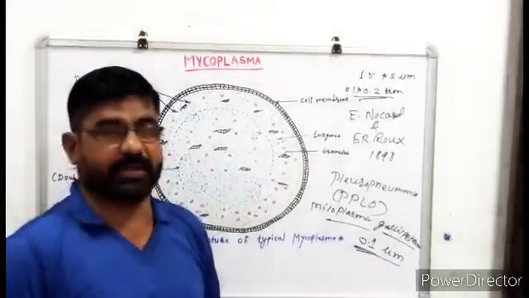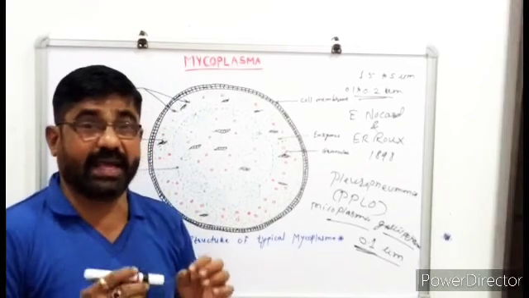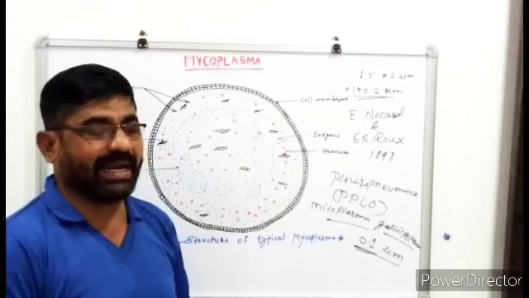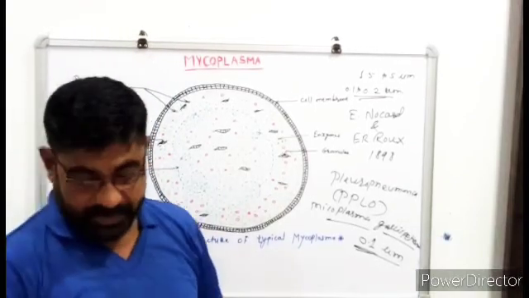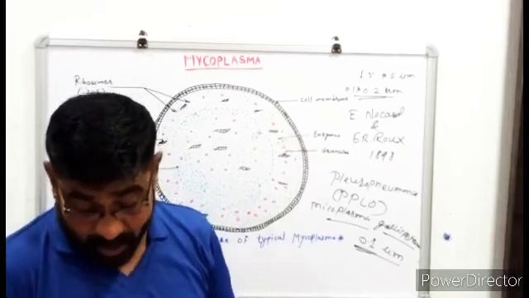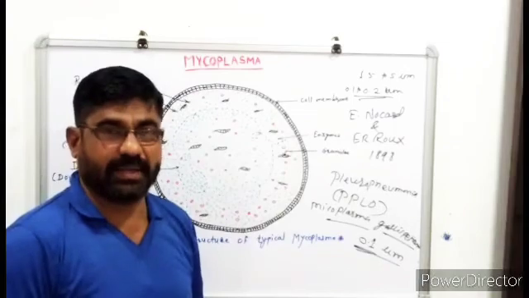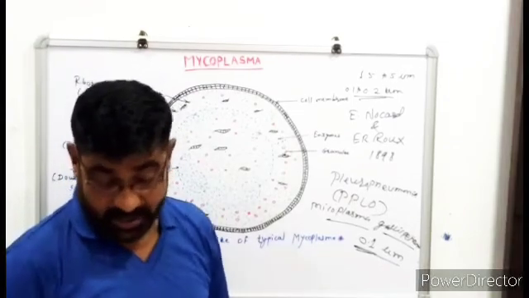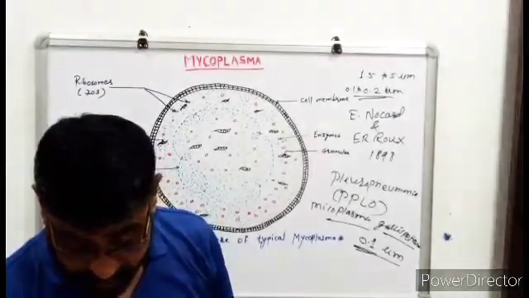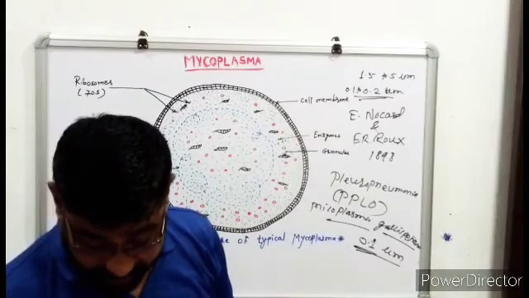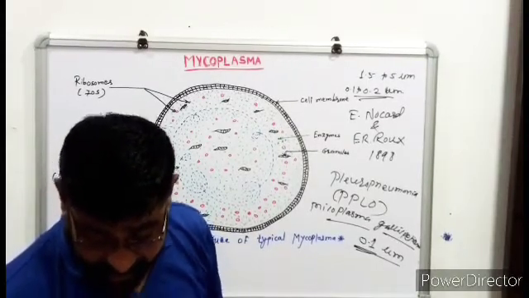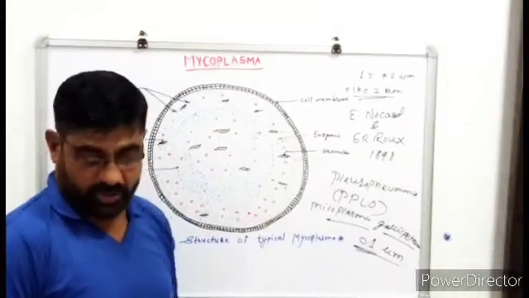It is a parasitic bacterium, and another most important characteristic is that they can survive without oxygen.